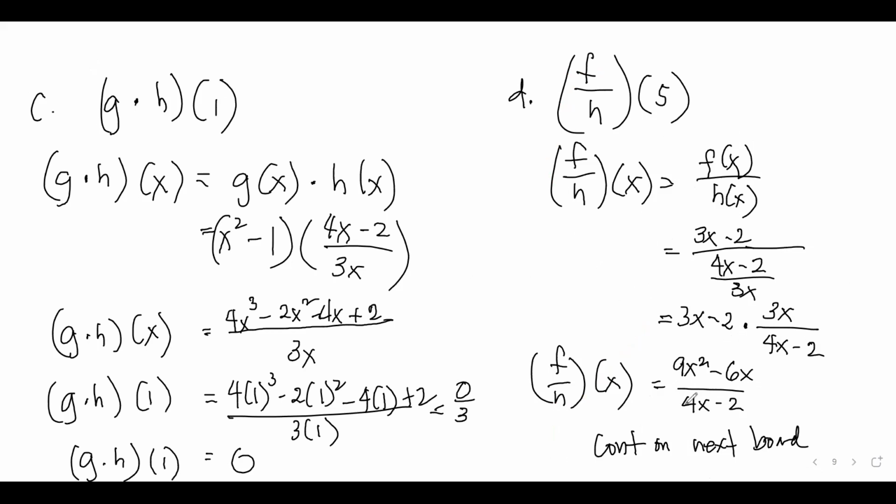Kasi si 9x squared minus 6x over 4x minus 2, walang factor na pwedeng i-simplify. Ito na yung simplest form.